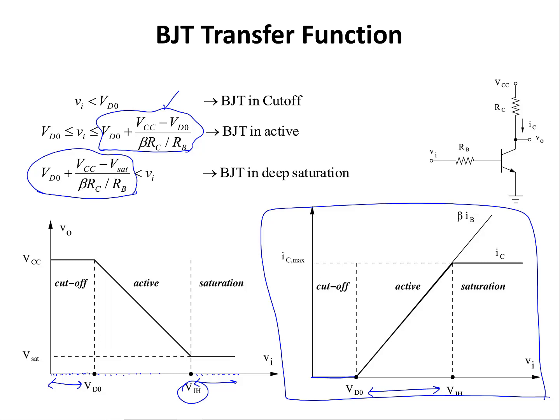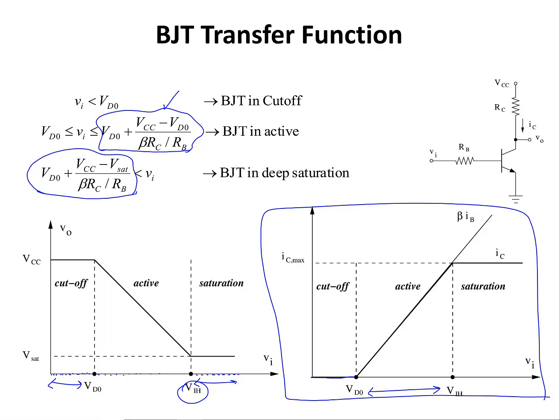I base is related to VI and I collector is equal to beta times I base. If you increase VI, I base is going to increase and IC also is going to increase. So IC has a linear relationship with I base and I base has a linear relationship with VI. As a result, IC is linearly related to VI.